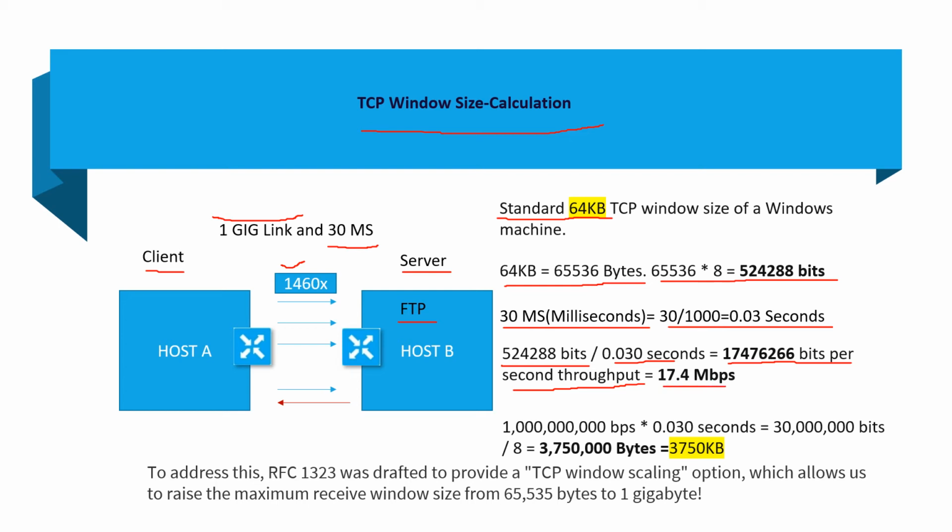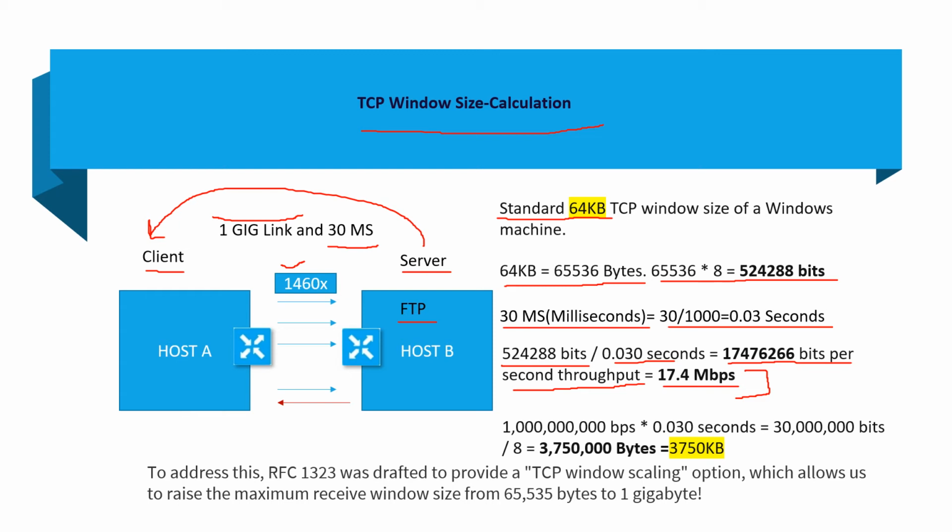That means if I'm doing a file transfer, it cannot exceed 17.4 Mbps. You might hear a complaint from customers: though we have a 1 gig link, I'm not able to utilize it fully, and my FTP download speed never crosses 17.4 Mbps. That is true. How can we utilize it?